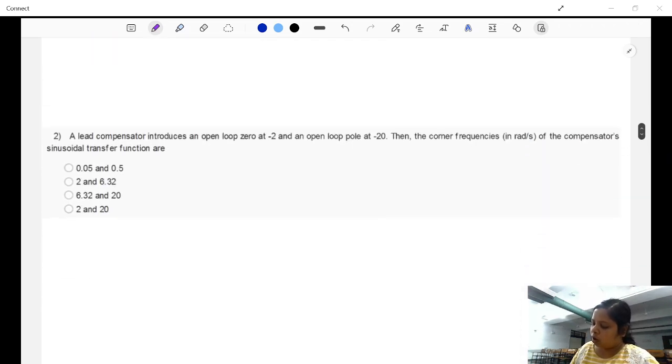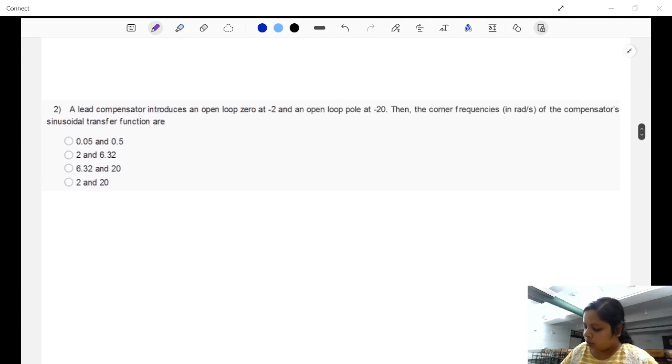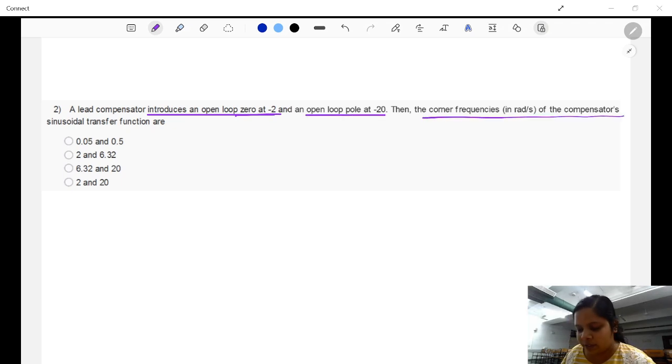Okay. Moving on to the second question. A lead compensator introduces an open loop zero at -2 and an open loop pole at -20. Then what are the corner frequencies of the compensator sinusoidal transfer function? Let's see.